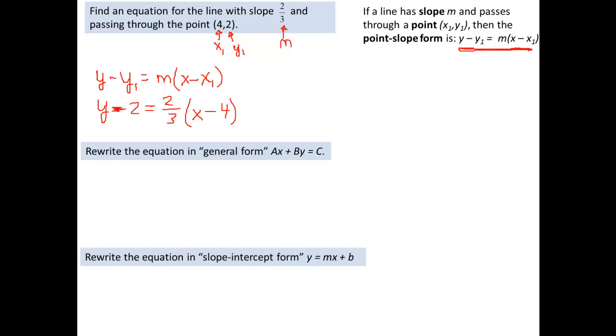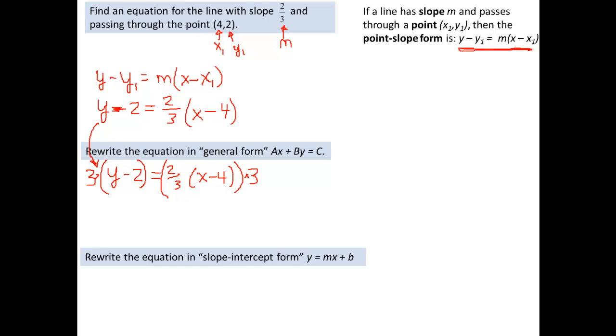Now there are a lot of ways we could rearrange this equation into different forms. For example, I could take this same equation and multiply the left-hand side and the right-hand side by 3, just to clear out the fraction.